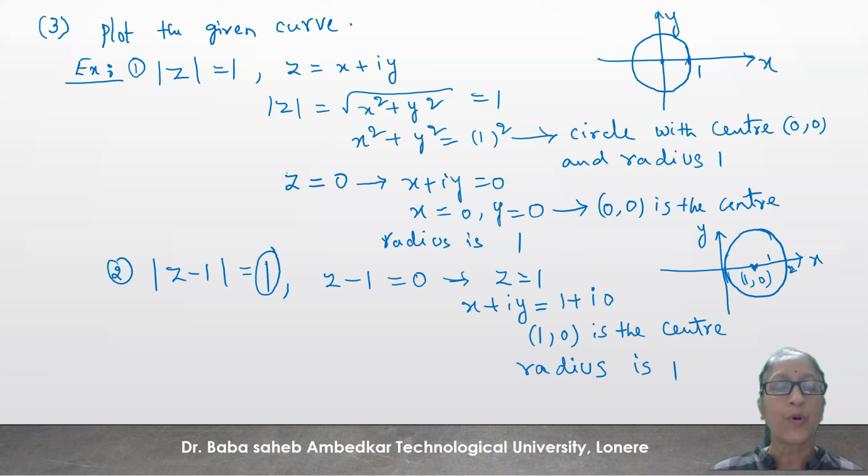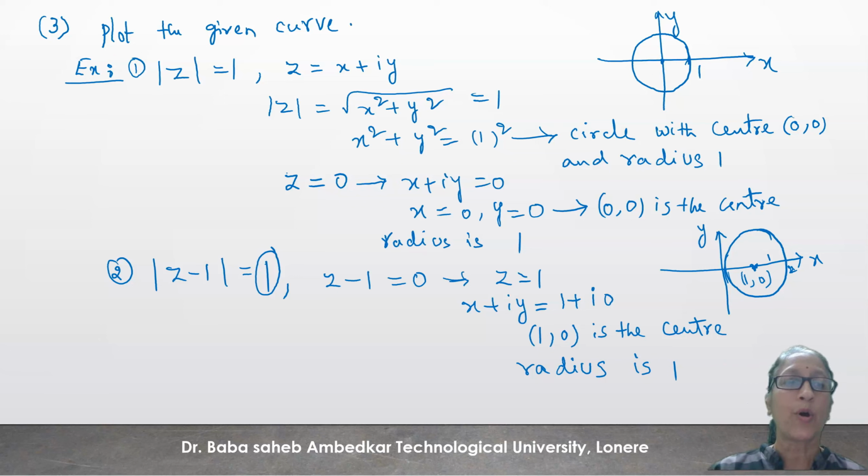So in the first step we have written the given integral, in the second step we found the singularities, and in the third step we have plotted the given curves.